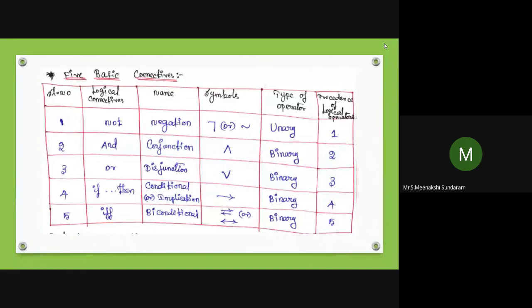It is binary, and the preference is 4. Last one is iff, if and only if, the biconditional. That is a binary operator, and the preference is 5.